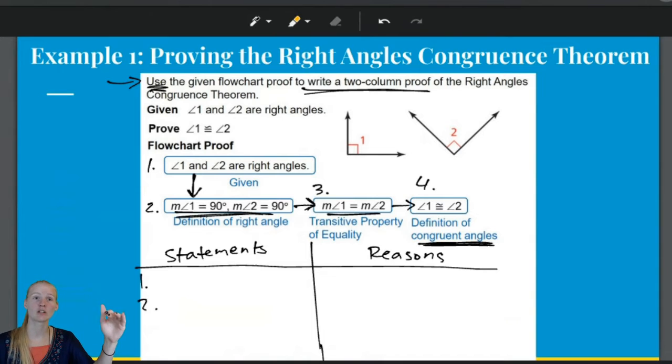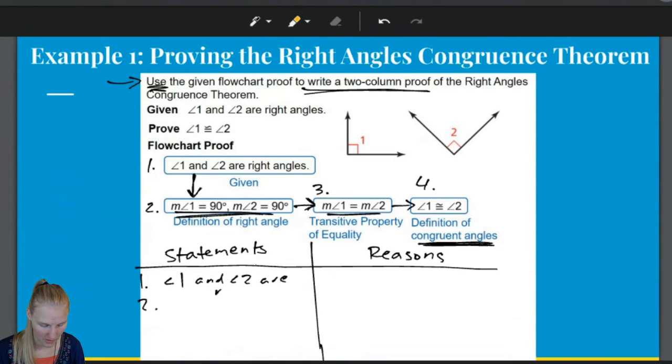Okay, so now that we understand the proof, we're just going to write it in a two-column format. So step number 1 was angle 1 and angle 2 are right angles, given. Step number 2 was, I know they're right angles.